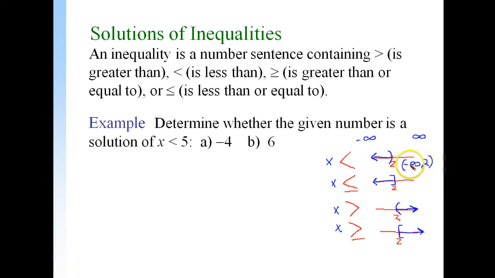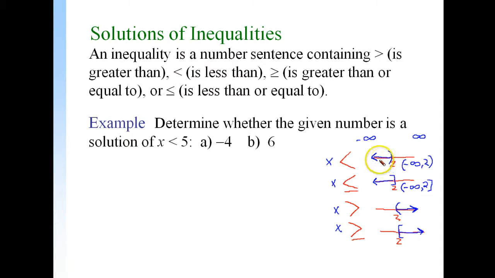So this is interval notation for this graph. And then here, it's coming from negative infinity. And by the way, infinity, whether it's negative or positive, always has a parenthesis. But now we know 2 is included, so we put the 2 and then a bracket.